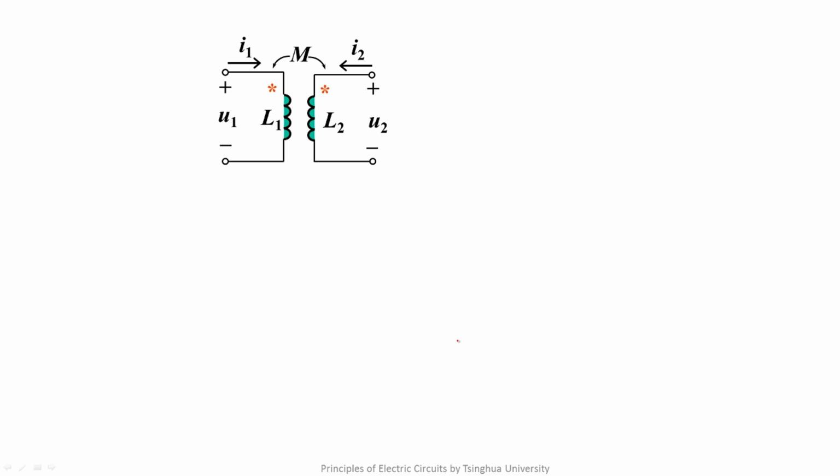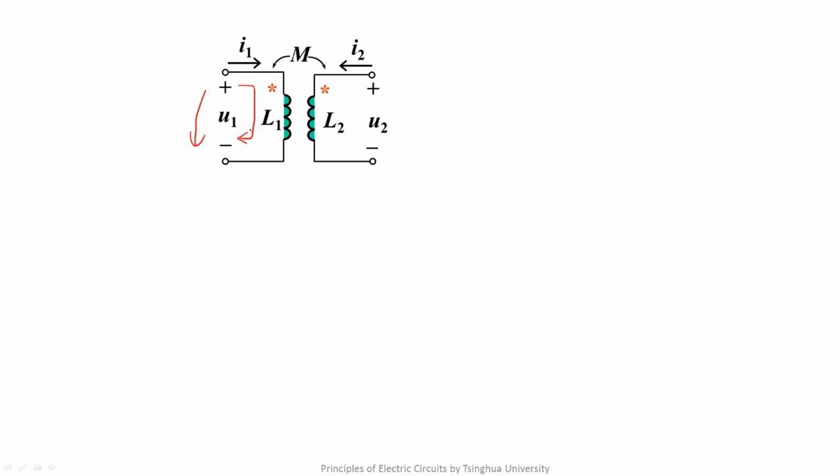Next, we discuss a case that the two coils all have currents. For the dot convention given in the figure, it not only has self-inductive effect on coil 1, but also has mutual inductive effect due to the current of coil 2. So it has such a KVL equation for coil 1. The right path has two items.